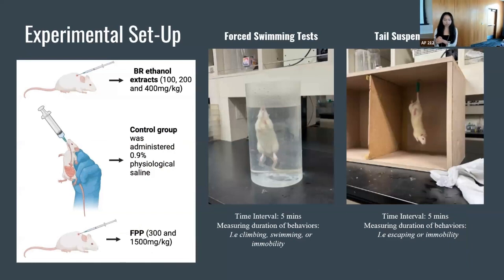In terms of methodology, we use female mice subjects in trials regarding FPP because FPP is most notably used for menopausal depression. And for all other trials regarding BR, we use male rat subjects. With that in mind, we had 4 treatment groups. The first is the sham group, which represents our normal happy mice.